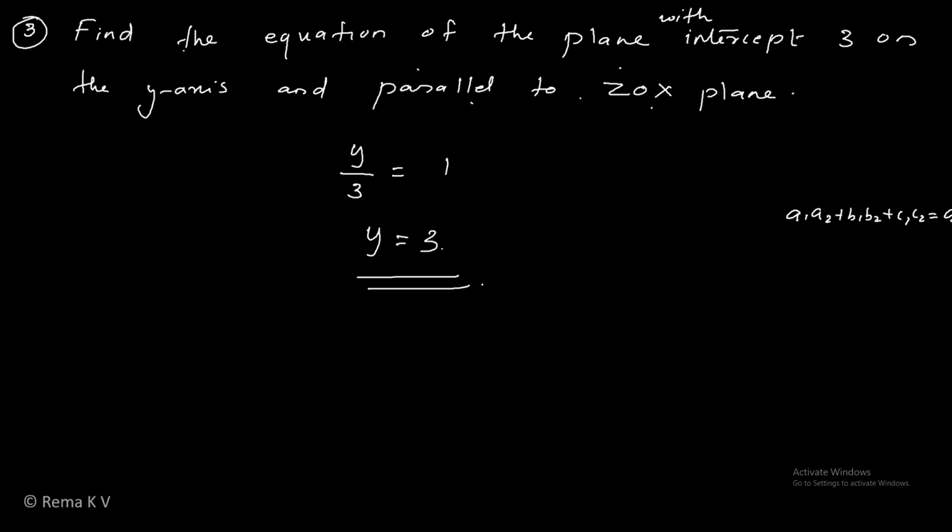If this is equal to 0, then the lines are perpendicular, and if a1 by a2 is equal to b1 by b2 is equal to c1 by c2, then the lines are parallel. The same condition we are using here in case of planes. Only difference is in notations. We are using capital letters there.